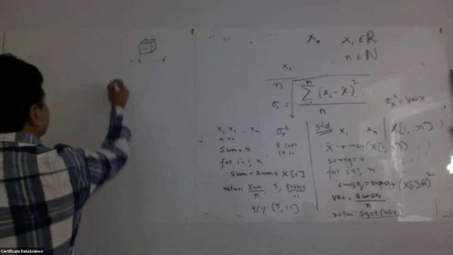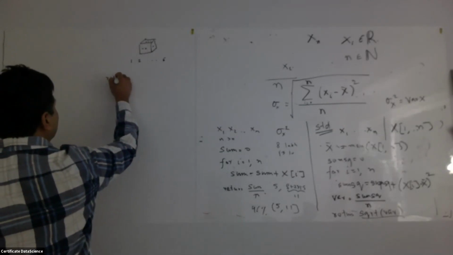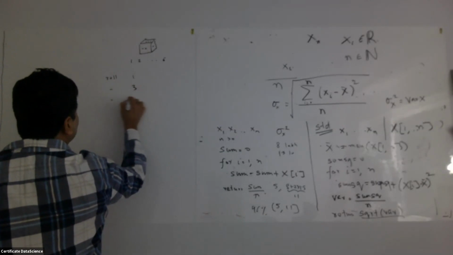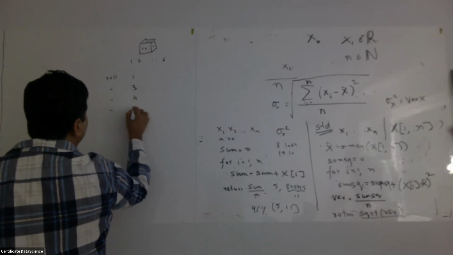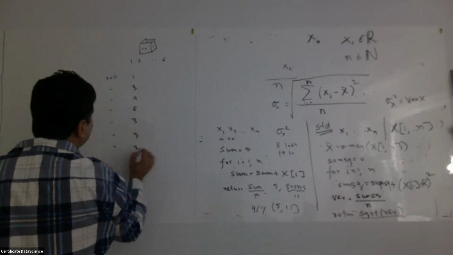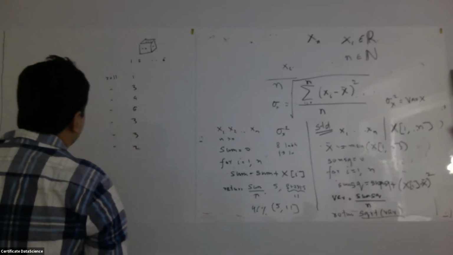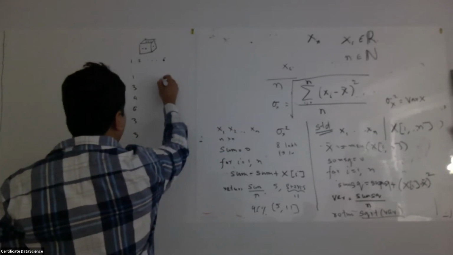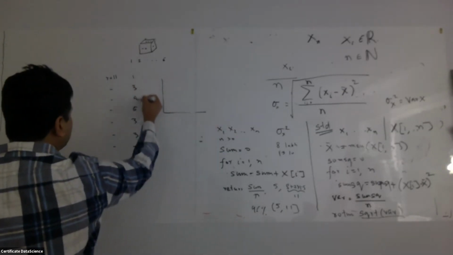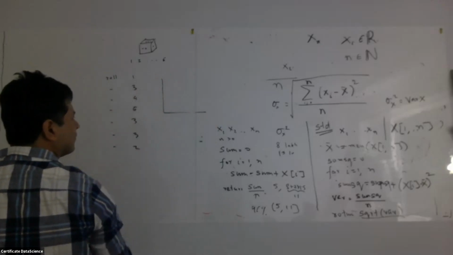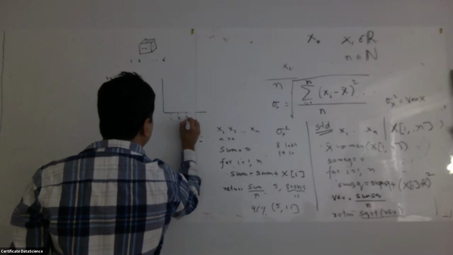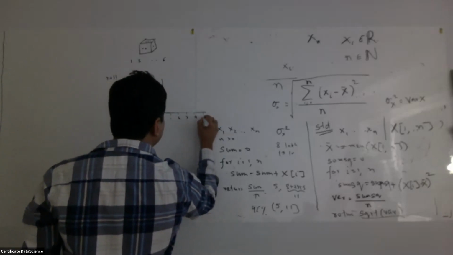So you roll the first time, you get 1, next time you might get 3, next time 4, then you might get 6, then 3 again, 2, and so on. And then let's plot it. Let's look at how many we get of each. And this is going to lead us to probability distribution.